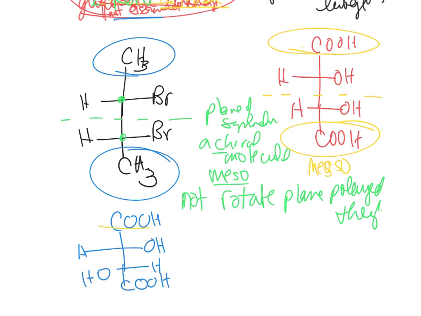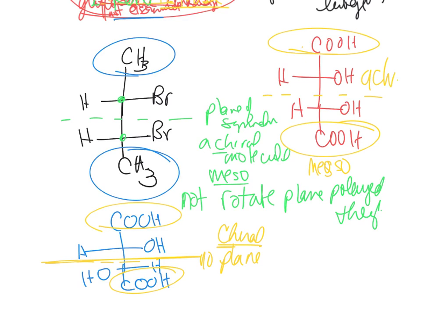Even though you have the top and the bottom the same, you do not have a plane of symmetry, because if you fold this, there's no plane. So this would be a chiral compound here, and this one here, the meso, would be achiral. So remember that about the symmetry of the molecules of the monomers.